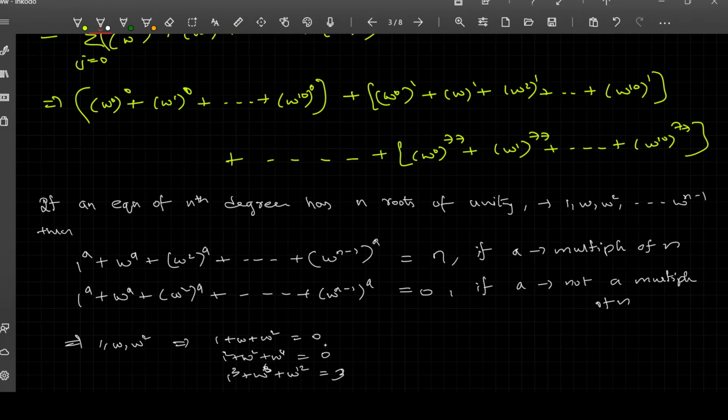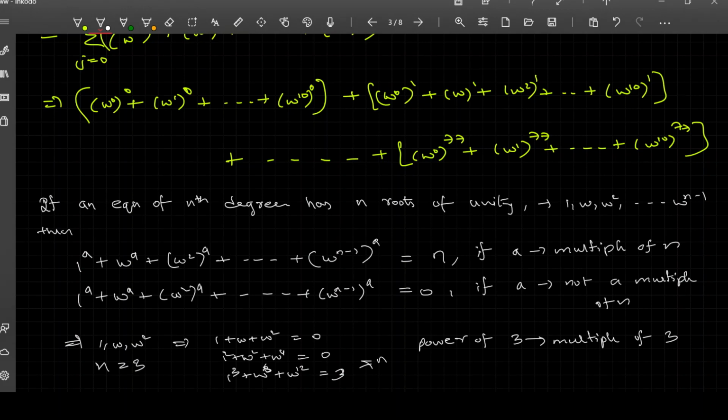This is 3, because n is 3 here, and these are cube roots of unity. Also we have raised all these terms to the power of 3, and 3 is a multiple of 3. So that's the reason we have got the value of the summation to be n, where n is equal to 3 here. So this is the fact that we need to remember.